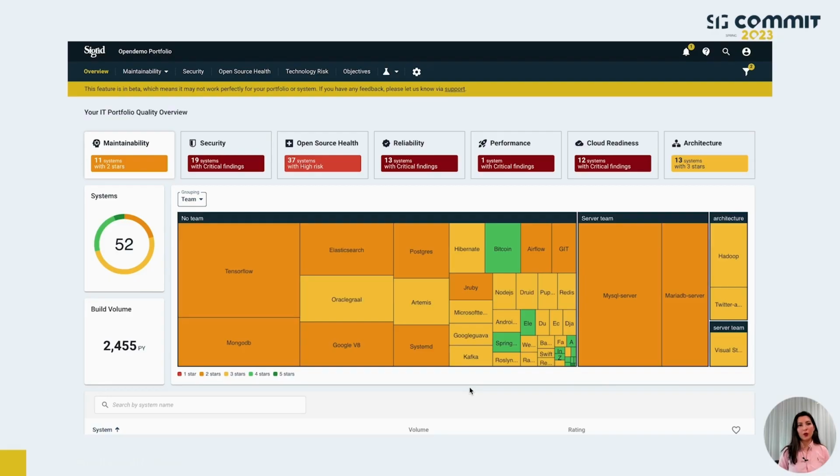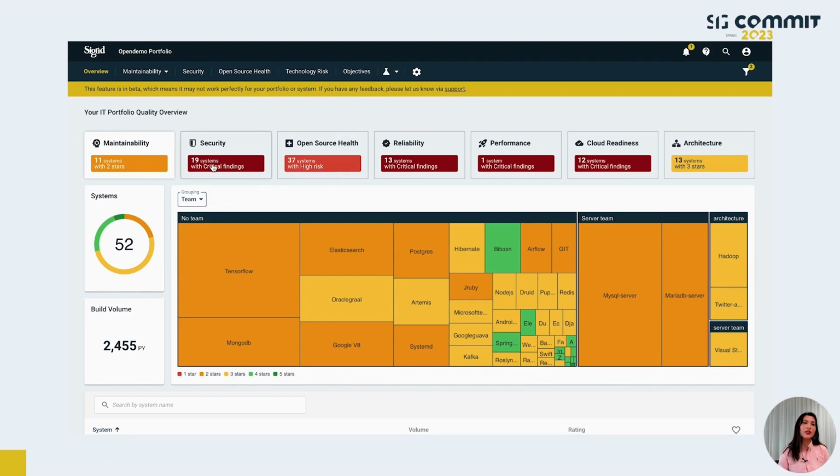And right now where we are is the portfolio dashboard. Here you have a view of your overall health of the systems in your portfolio. And on the top, you see all the cards that are related to the non-functional qualities. For example, the first one is the maintainability at 2 stars, that's benchmarked against the market. And you have the security, which is based on the maximum critical findings.